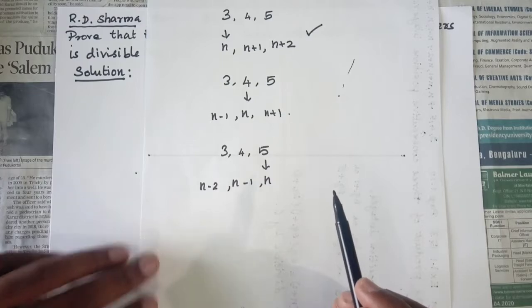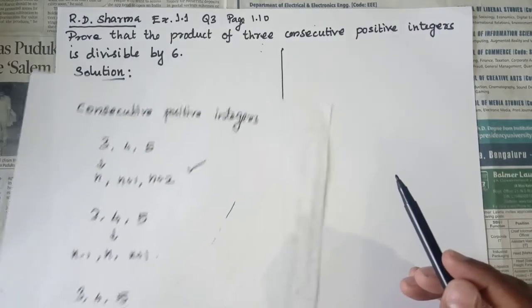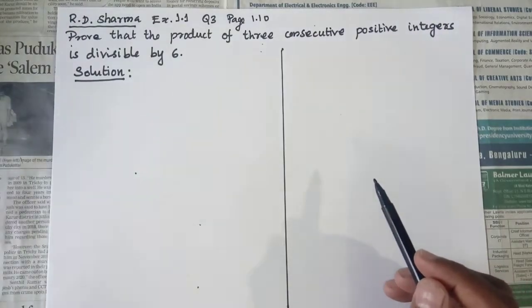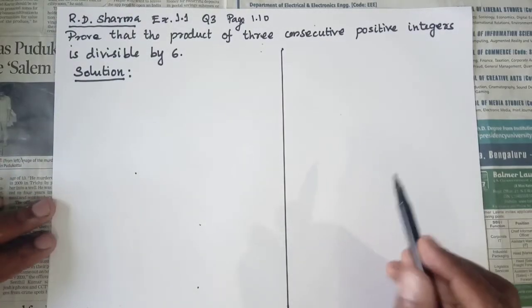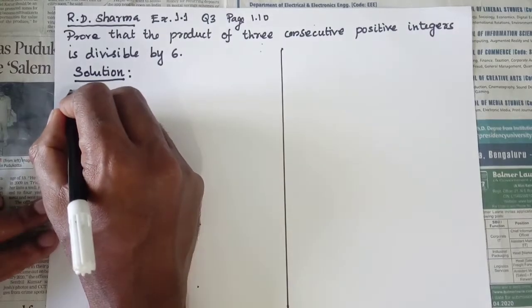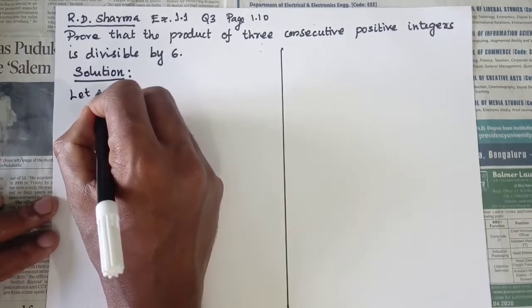So this is the case, we can take it here in this question. We have to show that the product of three consecutive numbers is divisible by 6. So let us take this positive integer as n.